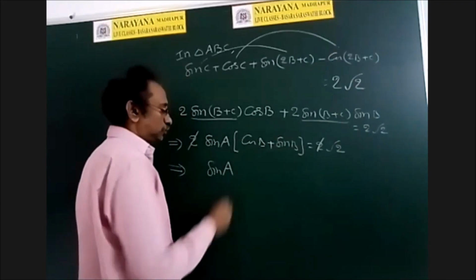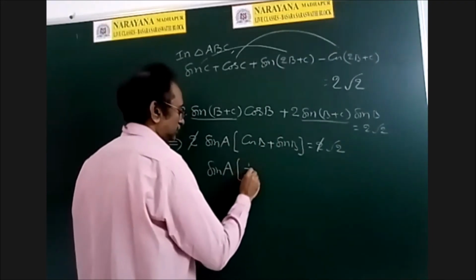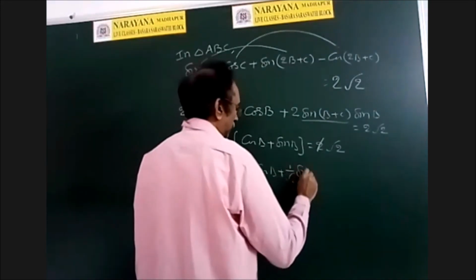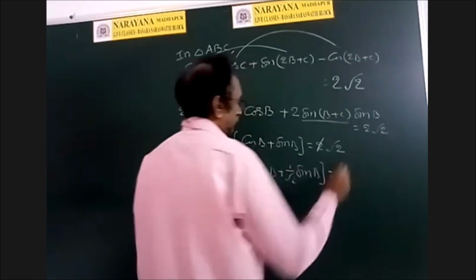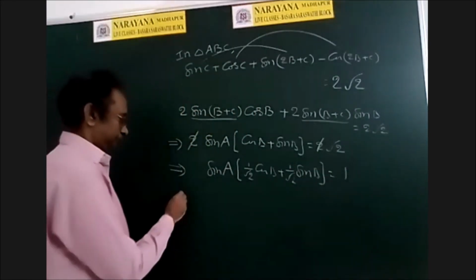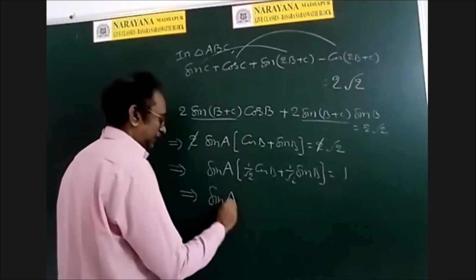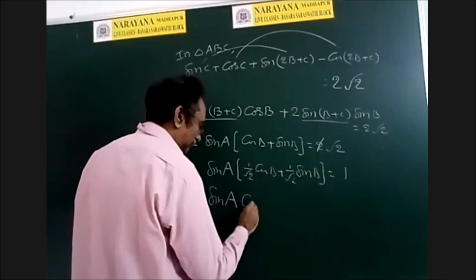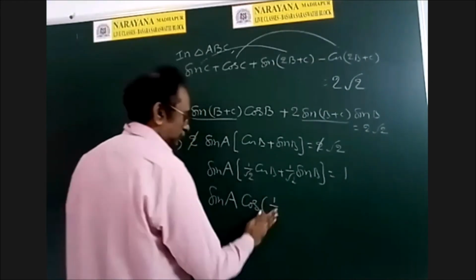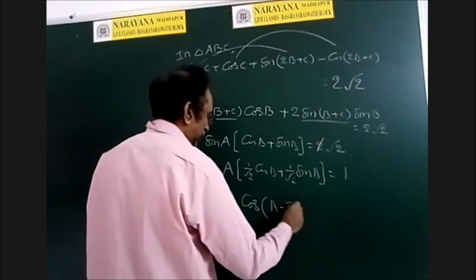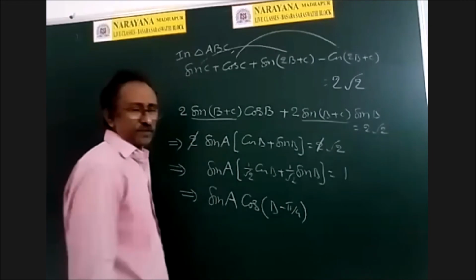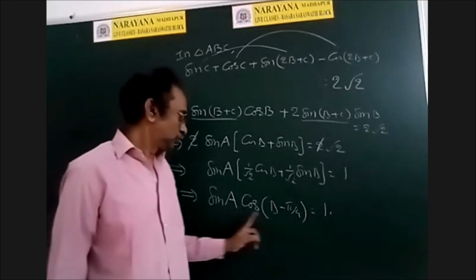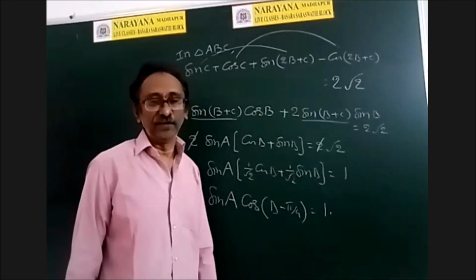So now divide with root 2 both sides. So this is 1 by root 2 cos B plus 1 by root 2 sin B is equal to root 2 by root 2, 1. So this implies sin A into, so what is that? Now cos A cos B plus sin A sin B formula, cos (A minus B). So that is cos (B minus pi by 4) or (pi by 4 minus B), doesn't matter, is equal to 1.